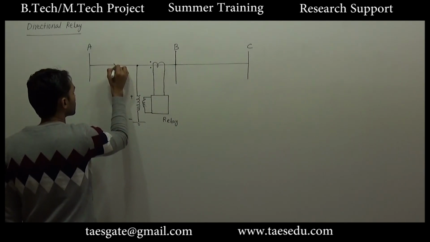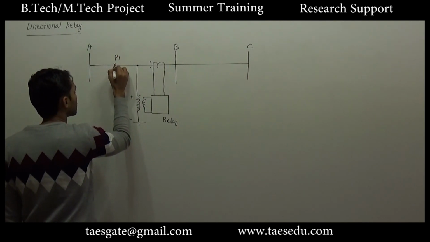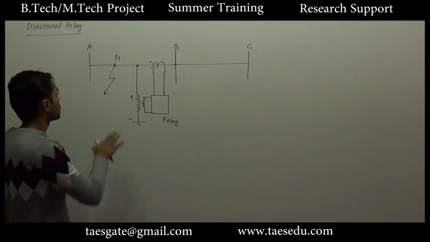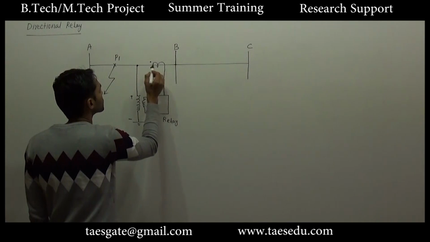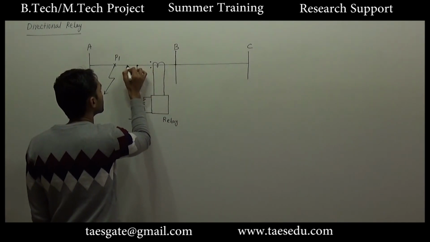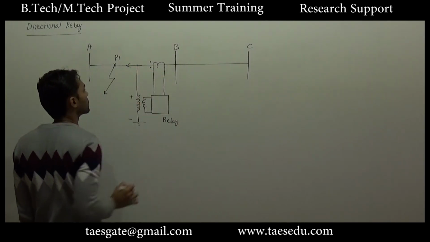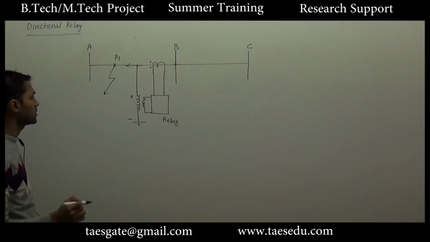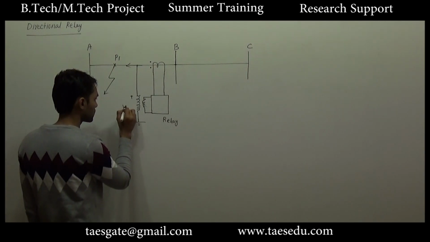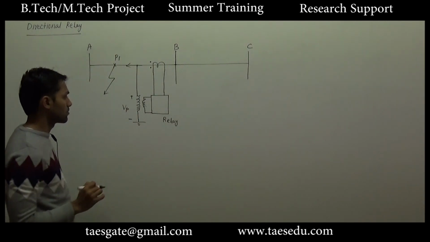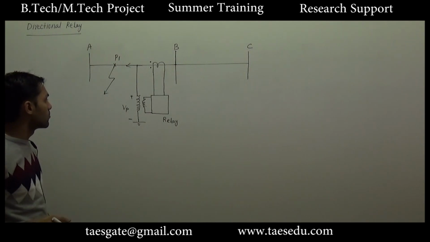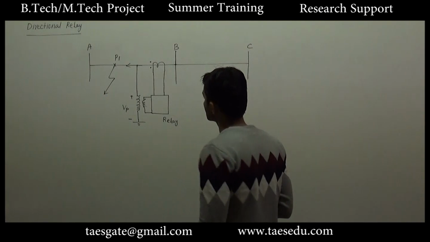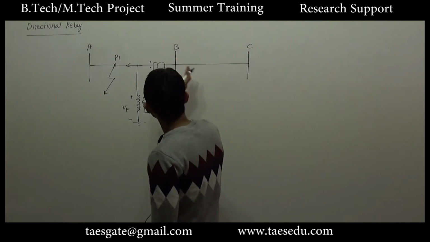Now let us consider a point P, fault at point P. For fault at point P, the direction of current in the main line will be from right to left. There will be some voltage here, since in case of fault the voltage of a bus decreases sharply, and the direction of current will be from right to left.